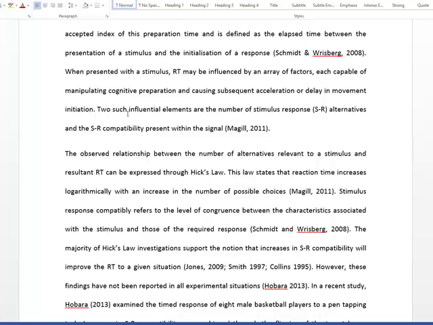It says, "Two such influential elements are the number of stimulus response alternatives and the stimulus response compatibility present." The first sentence in the next says, "The observed relationship between a number of alternatives relevant to the stimulus." It's straight away talking about the same topic, but it's going to go on and expand it a little further. So this paragraph here in some way is linked to this paragraph here.